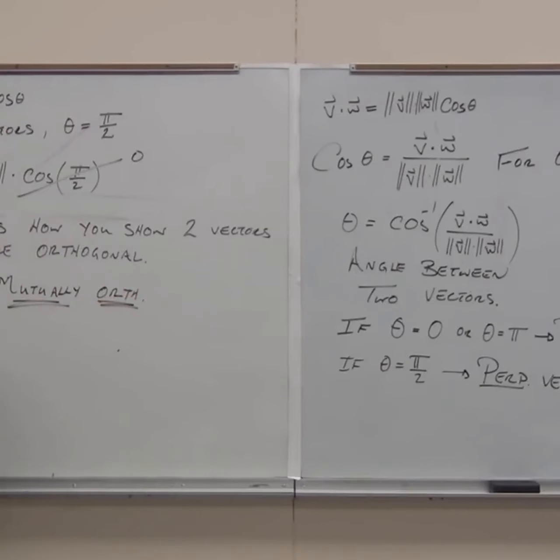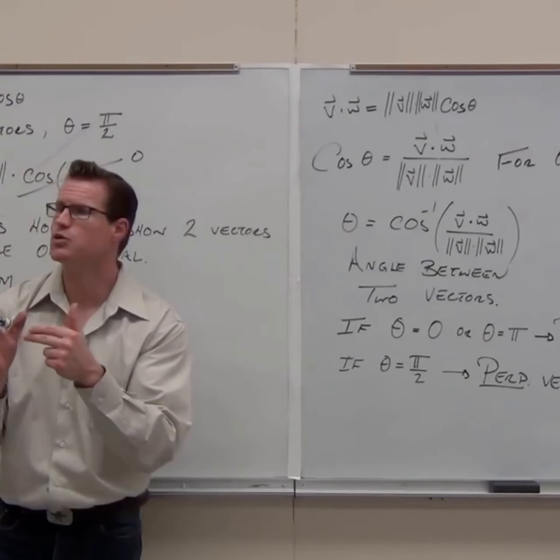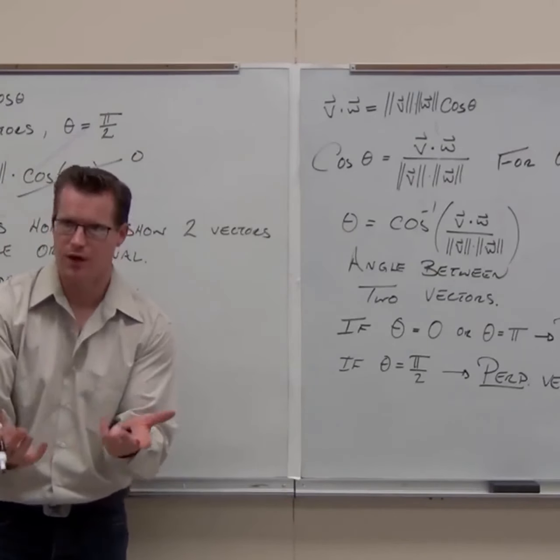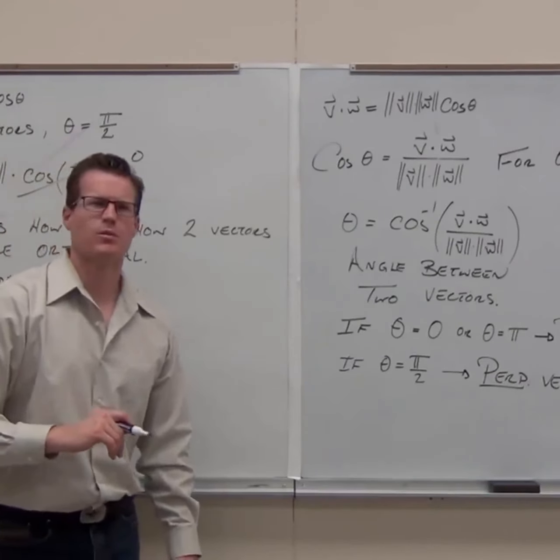If you ever dot product I with J, I with K, or J with K, and I'm not doing the reverse because we have commutativity, what are you going to get again? If you ever dot product vectors that are perpendicular, you have to get 0. In fact, that's how we prove that vectors are perpendicular. How about this one for those of you thinking outside the box? This can take a little bit more thought.